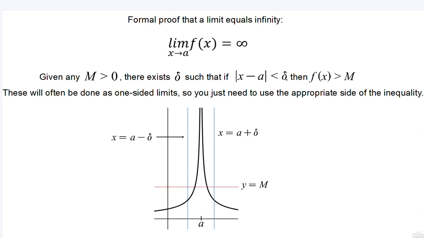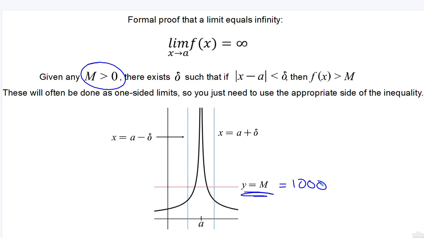Well, take some value M that we think our limit might be at a, and prove that for whatever delta we choose, our function is always going to go above M, no matter how large of an M we choose. I might say, okay, I think the limit is 1,000, let's say. And then I just need to show that if I pick a delta that's close to a, my function is going to go above 1,000, right?